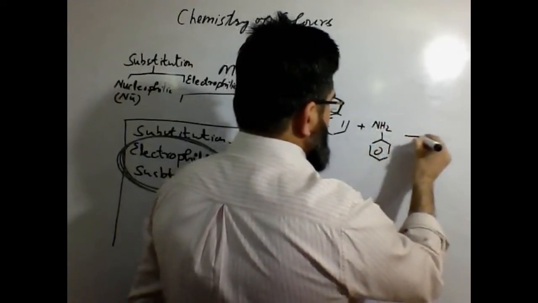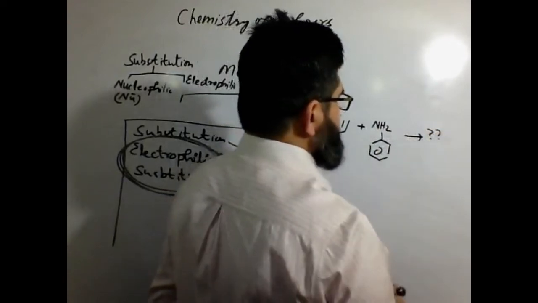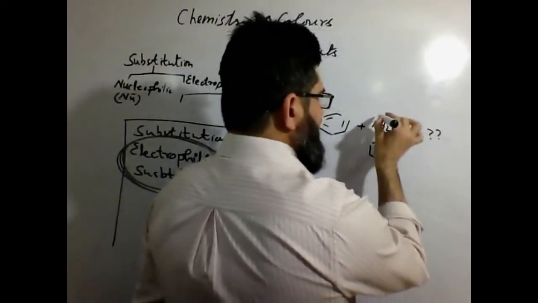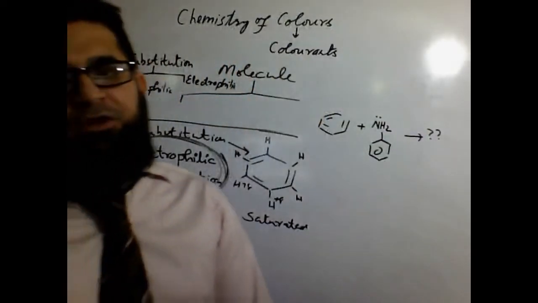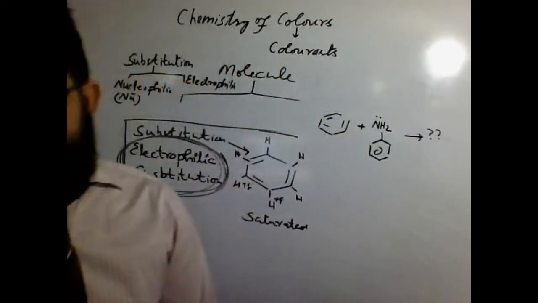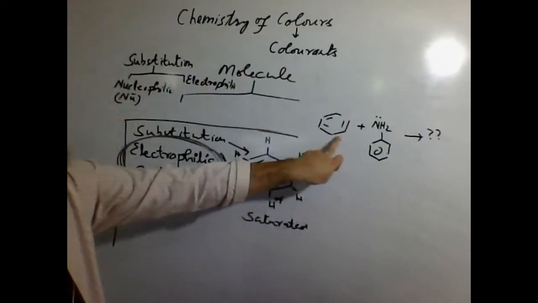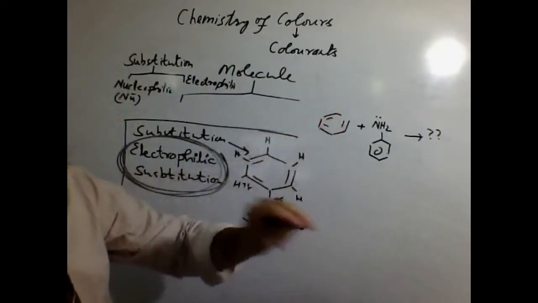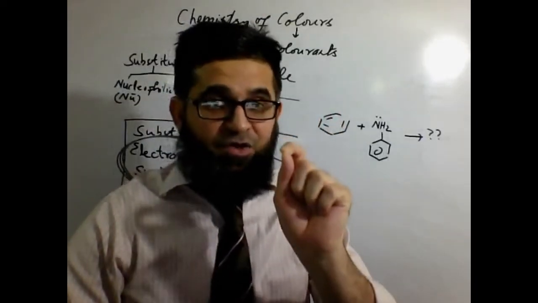This sort of reaction is given to you and we ask you to write the products. We have an idea this nitrogen carries a lone pair of electrons. What will be the product? Just try to imagine. We can see that it's a benzene, and we know benzene is supposed to undergo electrophilic substitution.